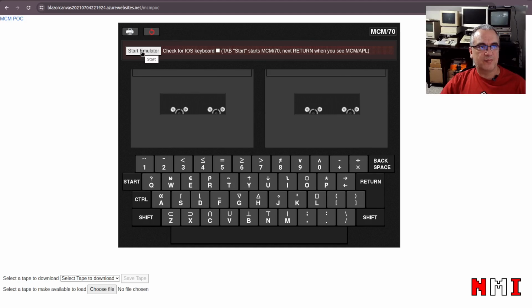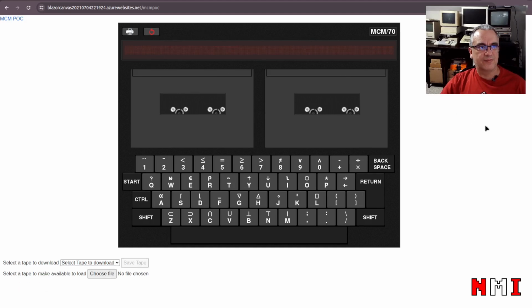I'm gonna press this button, and now the emulator is running, but the machine is sleeping, right? So we need to press start, which is tab on the keyboard, and then now the machine is running, and if I press enter, yeah, so we're on input mode now.